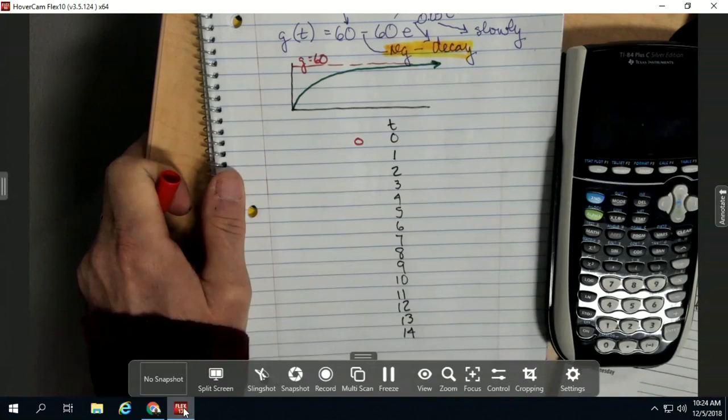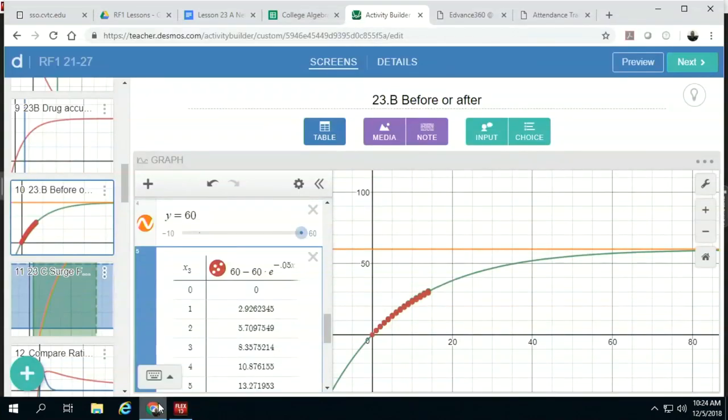So I'm filling over in next here. And 2.93, 5.71, 8.36, 10.88. What do you see is happening all the way along here?